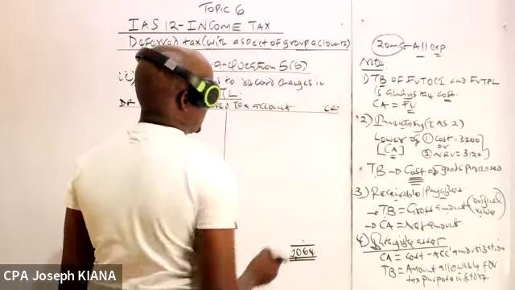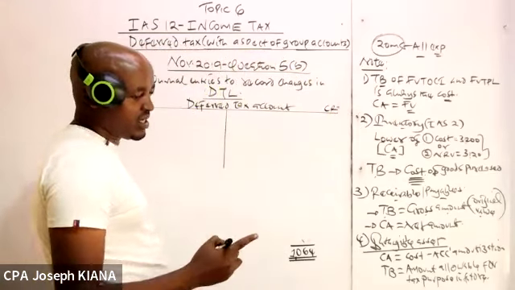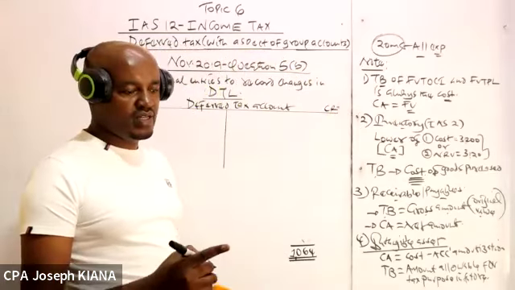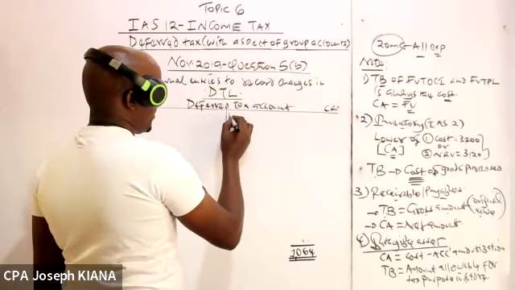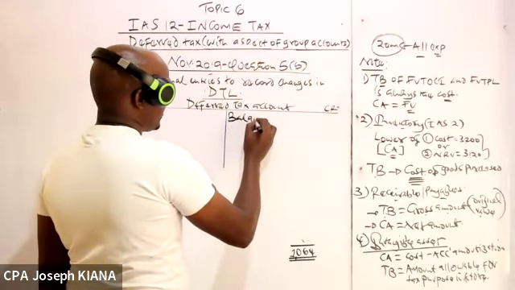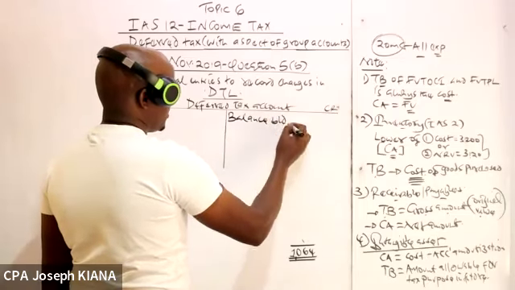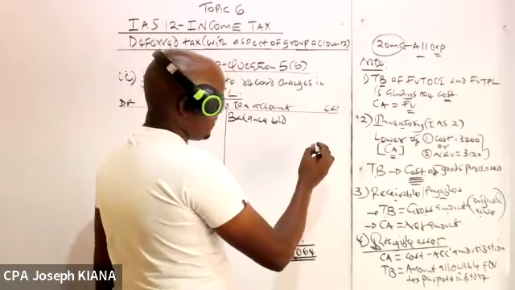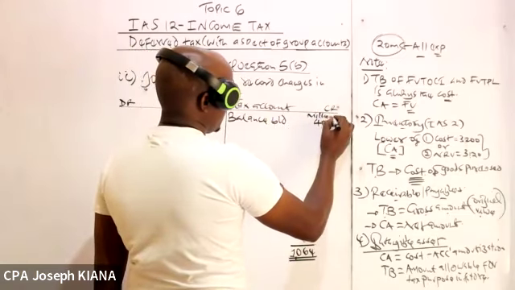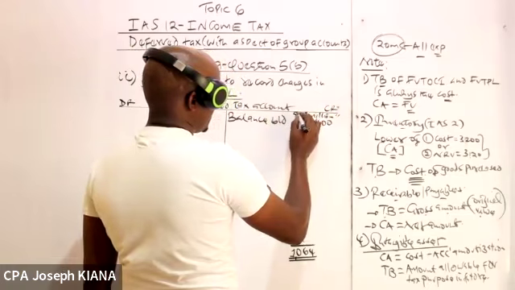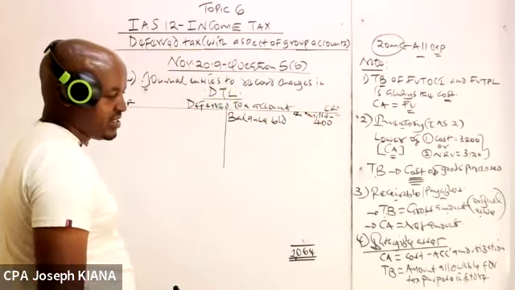This is the debit side, this is the credit side. At the start there was a deferred tax liability. We know all liabilities have a credit balance. So we start by recording the opening balance brought down on this side, which is 400 million. The reason we're recording it on this side is because it's a liability, and all liabilities have a credit balance.